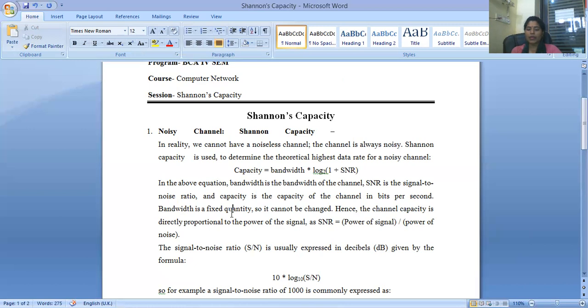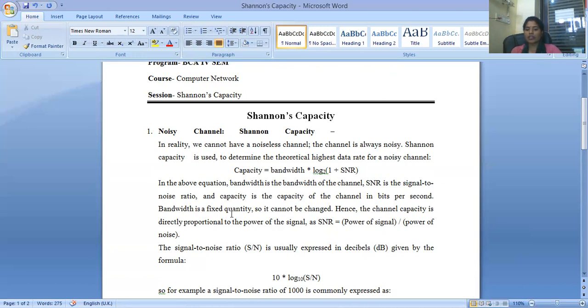So whenever we want to calculate the capacity, we use capacity equals bandwidth into log 2 of 1 plus SNR. In the above equation, bandwidth is the bandwidth of the channel, SNR is the signal to noise ratio, and the capacity is the capacity of the channel in bits per second.